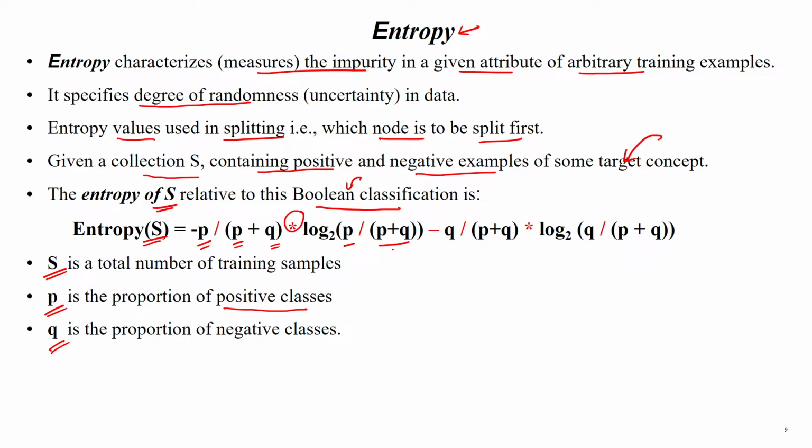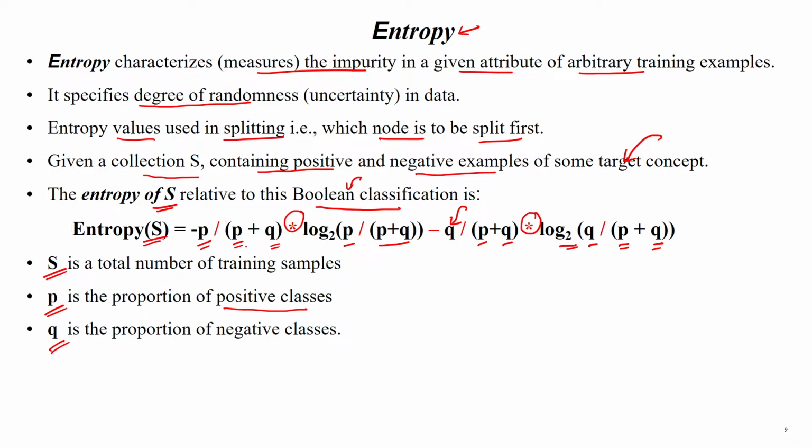total number of positive and negative samples, minus number of negative samples divided by number of positive samples plus number of negative samples multiplied with log base 2 number of negative samples divided by number of positive samples plus number of negative samples.